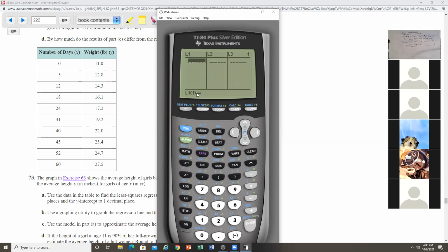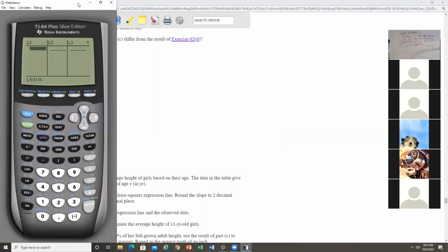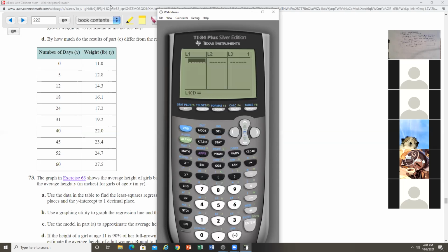In list 1, I want you to type in the number of days since adoption. So I want you to type in the data points here. 0, 5, 12, 18, 24, 31, 40, 45, 52, 60.